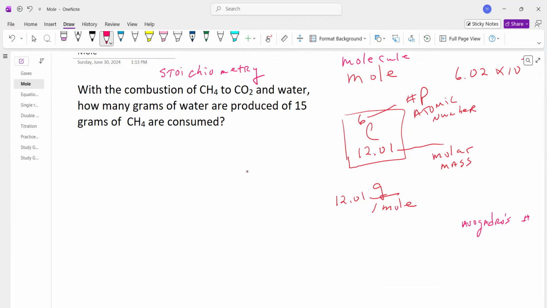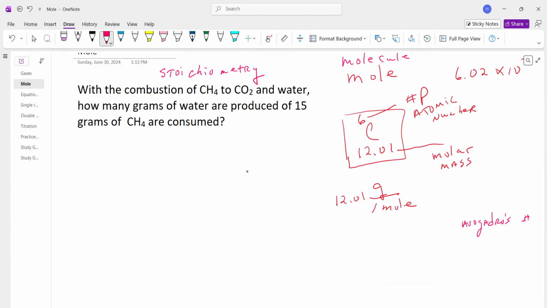That's the analytical relationship between reactants and products. Remember, we started unit 1, we had the 4 steps. Step 1 was balance the equation. Step number 2 is what's given. Step number 3 is what are you trying to calculate? And then the last step was the setup with conversion factors. Now, that is stoichiometry.